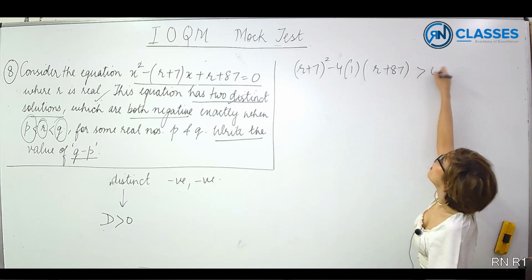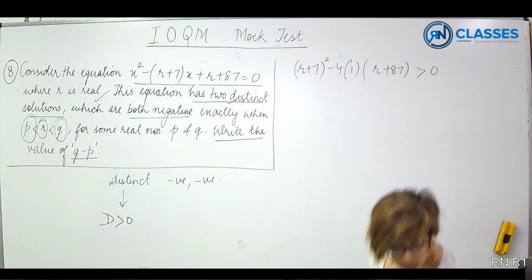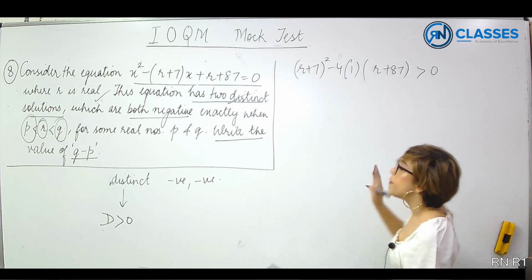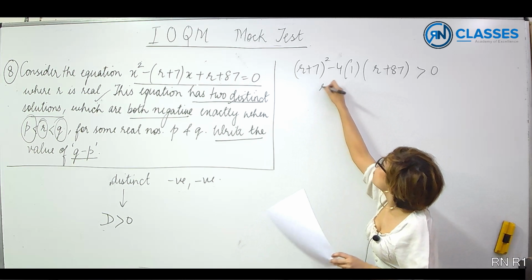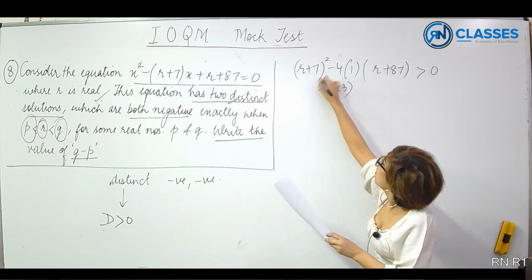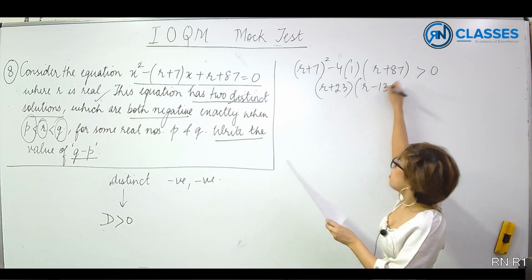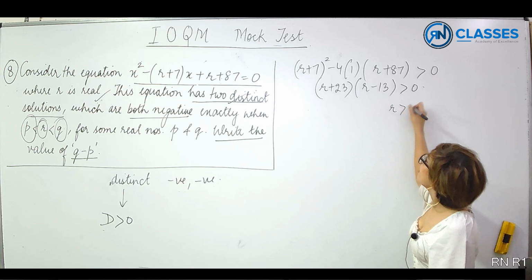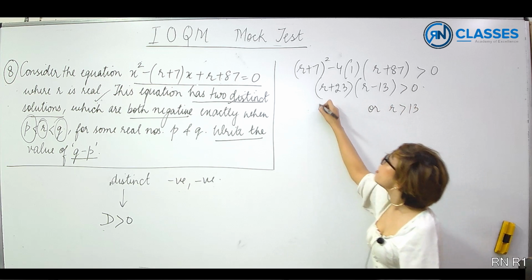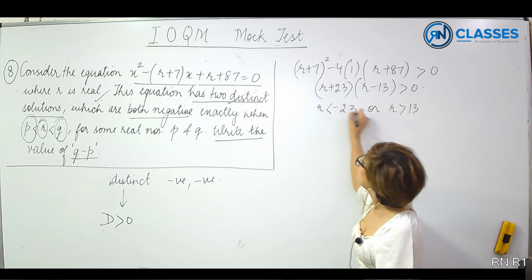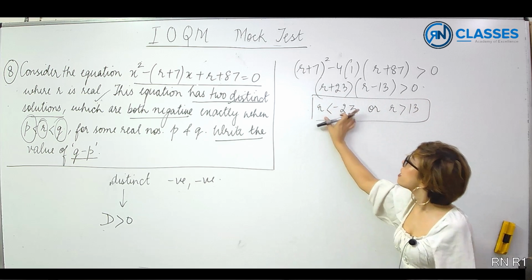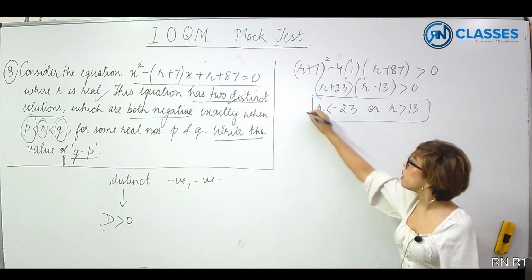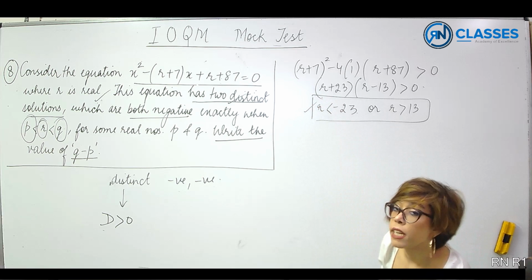He says this is greater than 0. Right? This will actually turn out to be quadratic, which you can factorize. It turns out to be R plus 23 into R minus 30 greater than 0. Right? That means R is either greater than 30 or R is less than minus 20. Either this is the case or this is the case. First condition done.